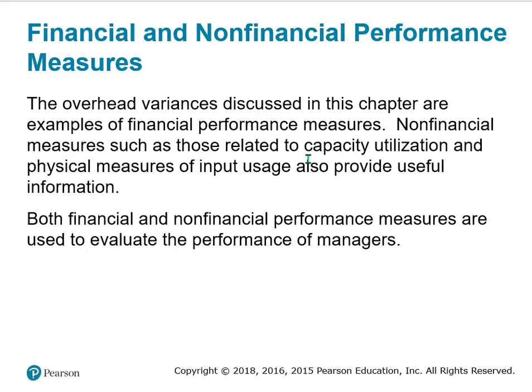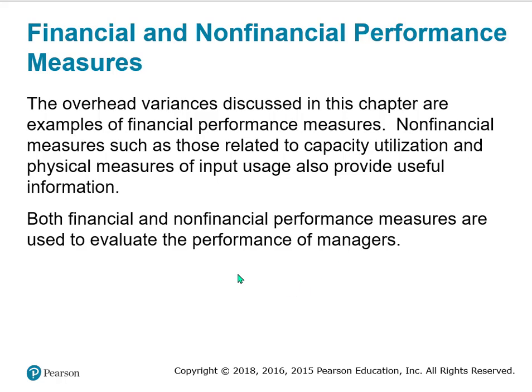The overhead variances we talked about are examples of financial performance measures, but non-financial measures, such as those related to capacity utilization and physical measures of input usage, also provide good information. In order to evaluate managerial performance, you really need to look at financial and non-financial performance measures.